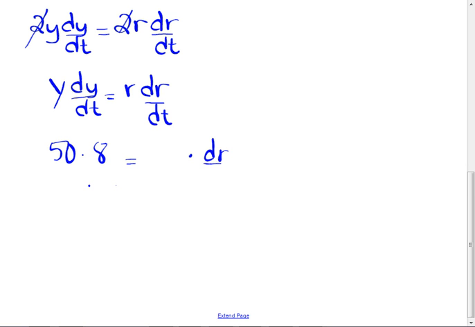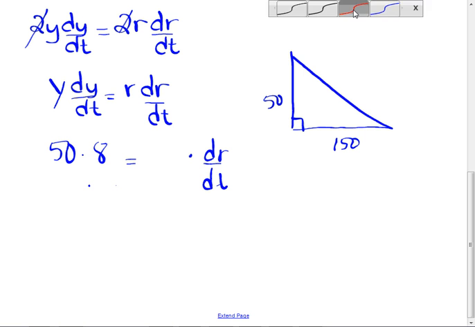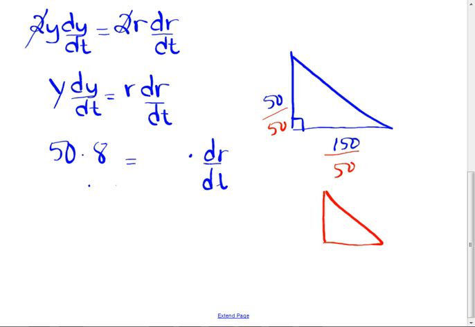Yeah, but let me show you the easy way to do this. Well, I think it's easy. Now, at this instant, we're going to take a picture exactly when the balloon's 50 feet high. This is always 150. Now, I'm lazy, and I don't have a calculator on me, so I want to work with numbers I can work with. So I'm going to divide by 50, and reduce my triangle to a smaller version because they're similar.